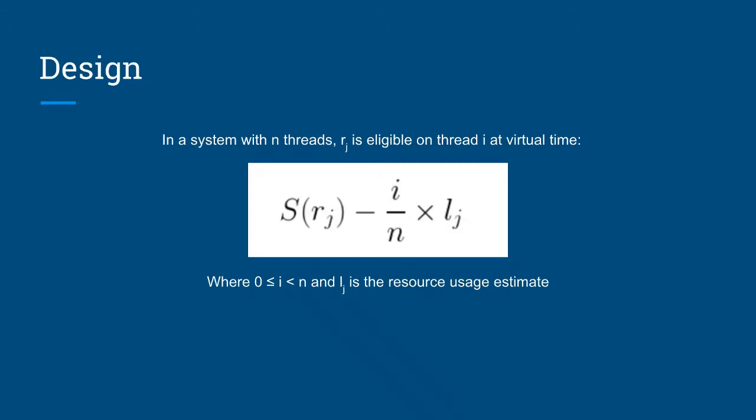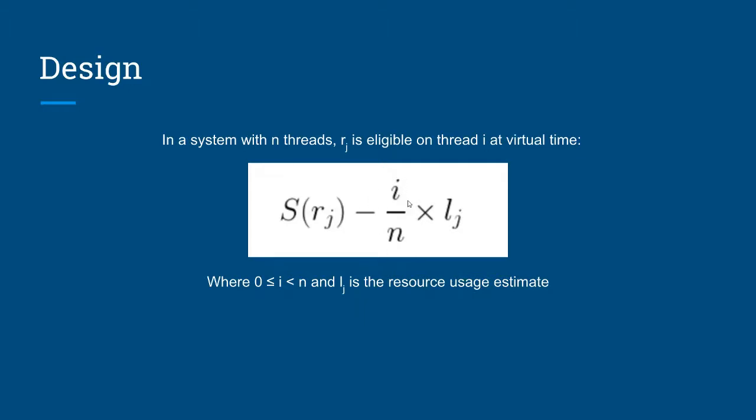So here's how it does it. This is the modification to the time at which a request is eligible to be run. So you start with your virtual time that you would normally experience in WF squared Q, but then you're subtracting the index of the thread that you are looking at divided by the number of threads there are times the resource usage estimate.